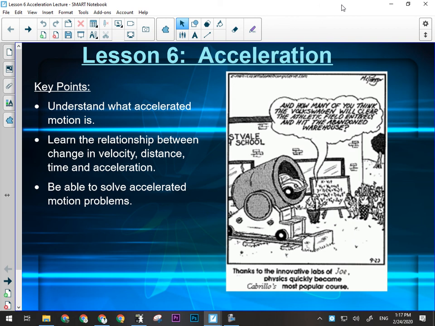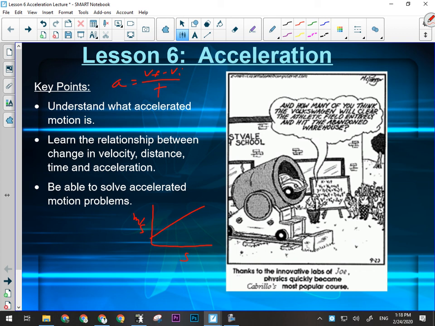Accelerated motion is a change in velocity over time. That's where you got the formula that you learned last year, VF minus VI over T. Change in velocity over change in time. Where does that formula come from? It comes from a velocity versus time graph of an accelerating object.